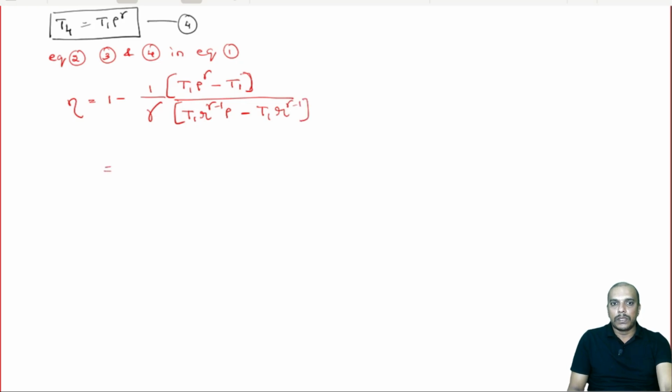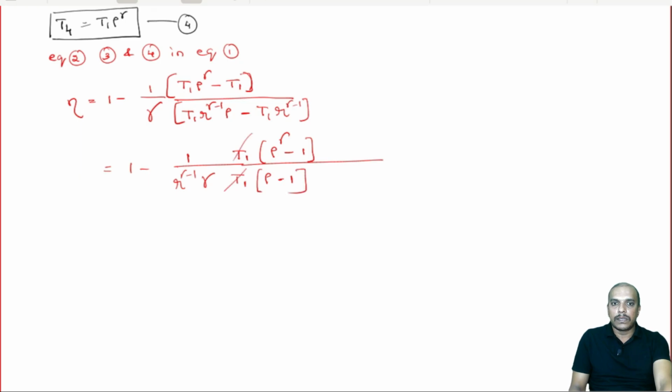Now, what we can do is take T1 common in the numerator, so rho power gamma minus 1. Similarly, we can take R power gamma minus 1 common in the denominator, and also T1 in the denominator. So, we will end up with rho minus 1.